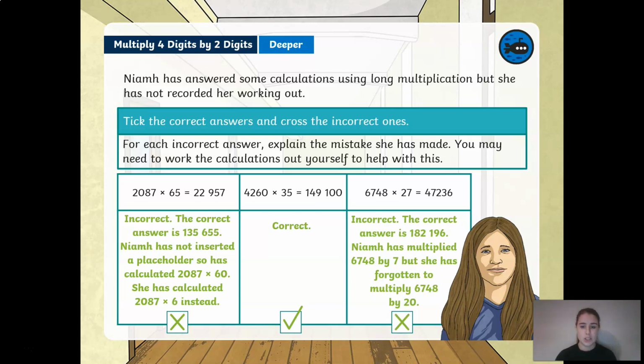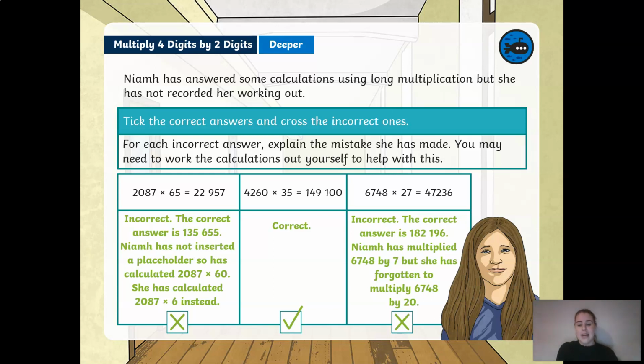Now, what she's actually done is she's multiplied the number by 7, but then she's forgotten to multiply by the 20. So she's only done half of the mathematical calculation. So she's not gone on and added her place value and then worked out the second sum that she needed to do. So she's only managed to work out half of the answer to the question.